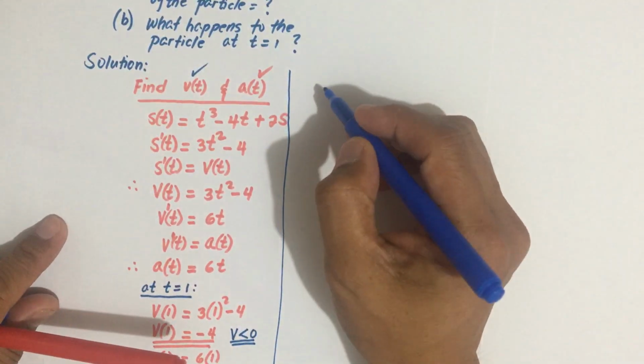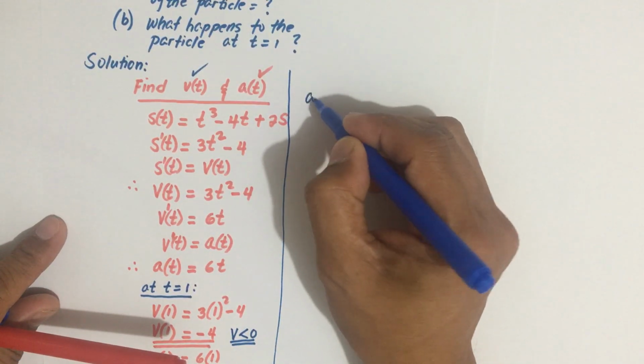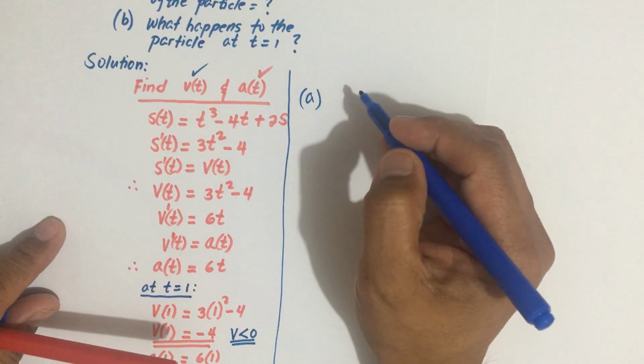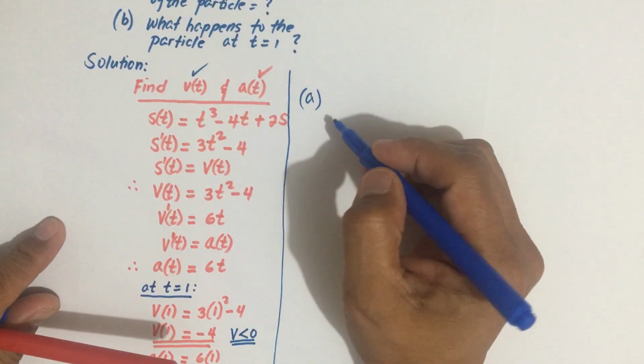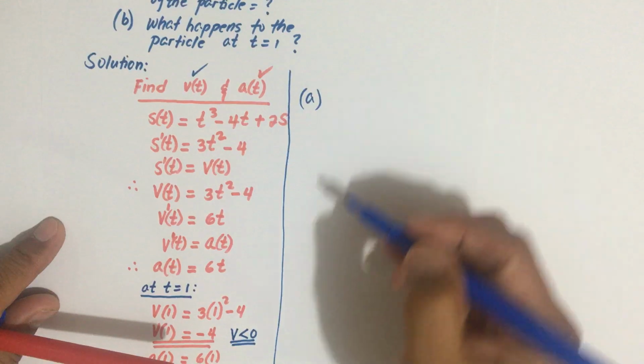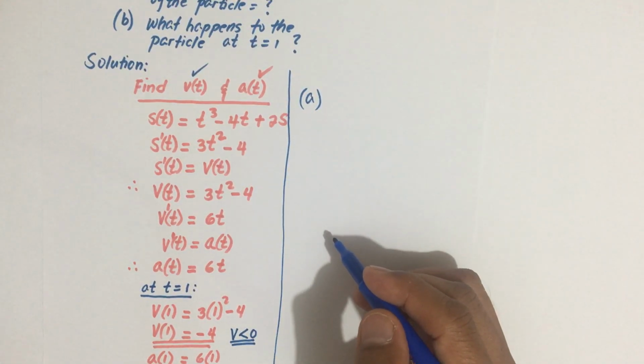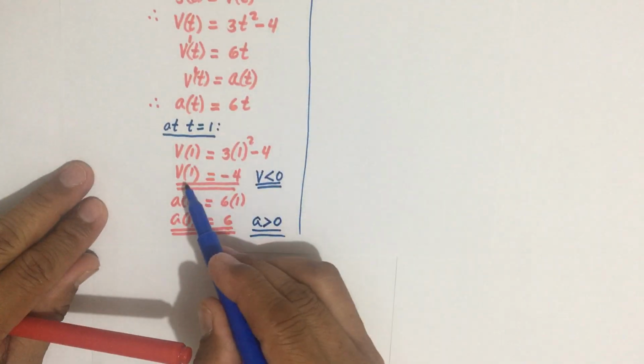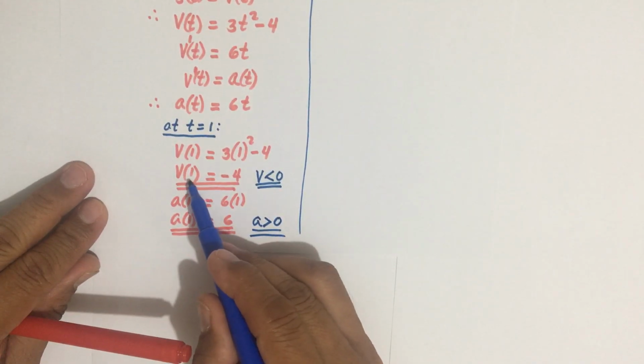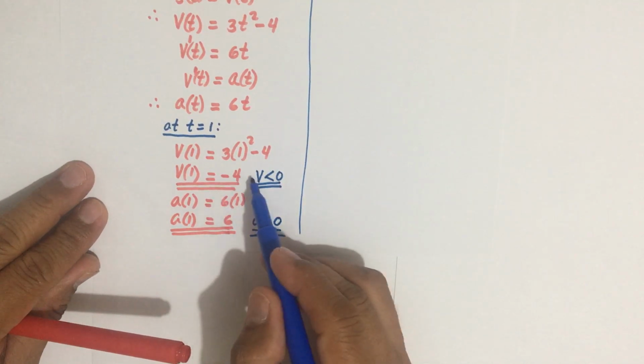Okay, so for our a, what is the direction of the movement of our particle? Since our v of 1, or the value of the velocity at t equal to 1, is negative, v is less than 0.